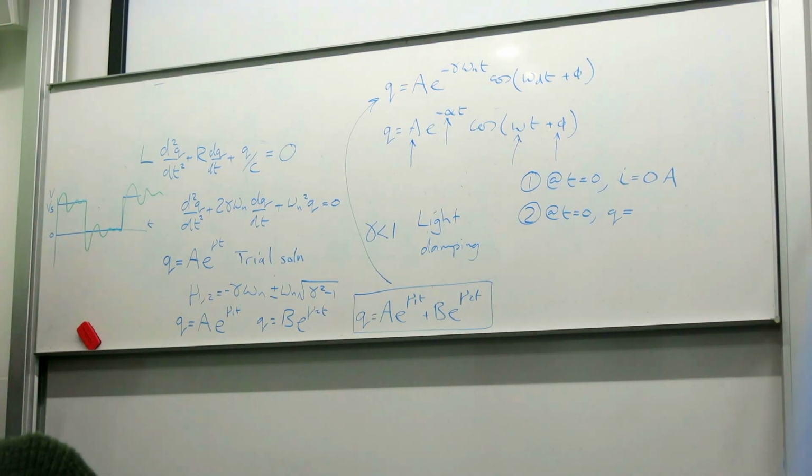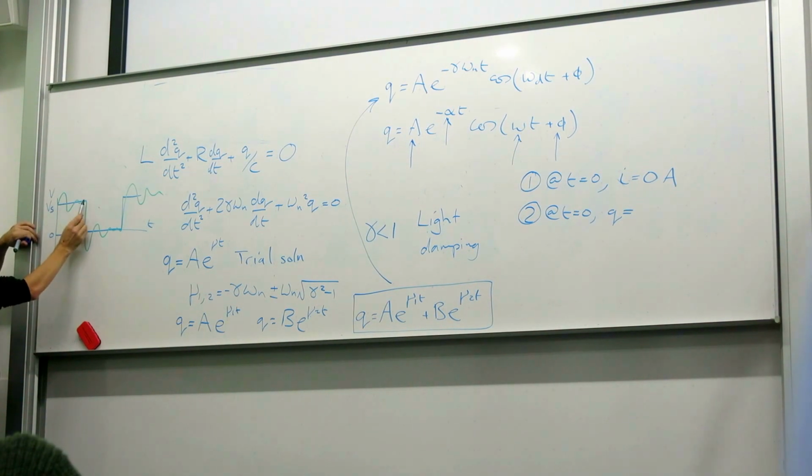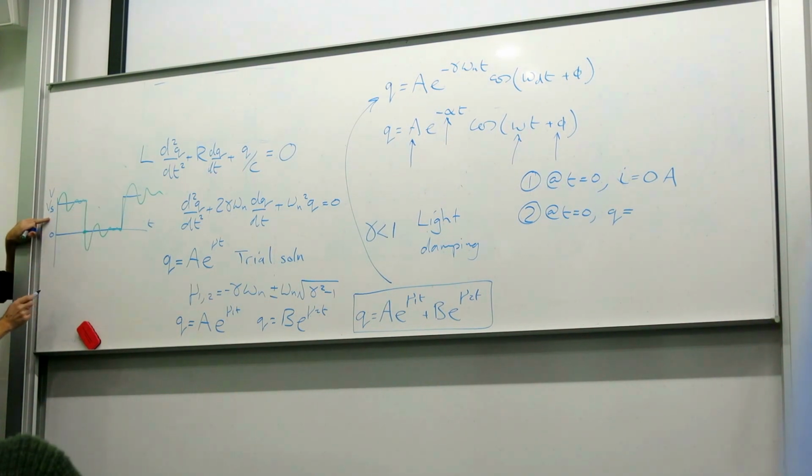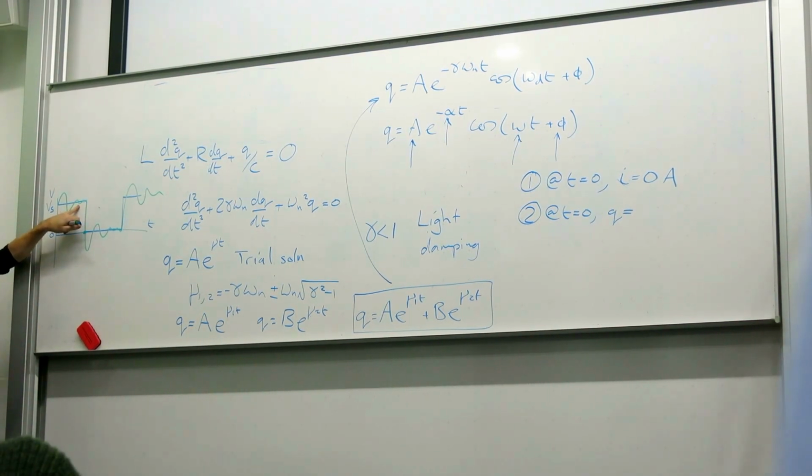well, at t is equal to 0, that's that point there, and we assume that these oscillations have settled at the new equilibrium point. So if the oscillations have settled at the new equilibrium point, there's no current flowing because the gradient of Q will be 0, and therefore the whole voltage that's being applied at Vs must be across the capacitor.